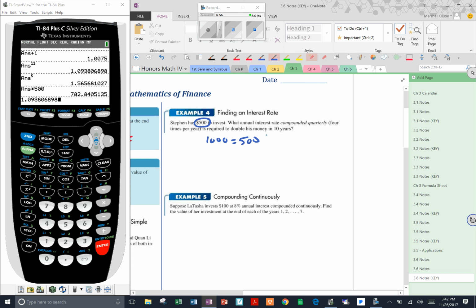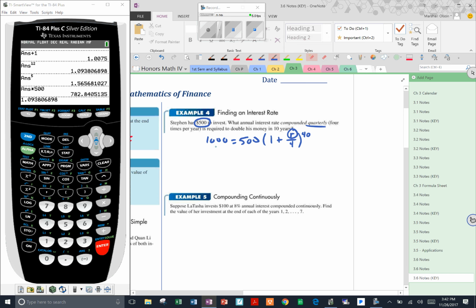So actually, we'll set this up a little more. 1 plus, we don't know what the annual interest rate is. We know it's compounded quarterly, so I can have a 4 here, a 4 here, and we're going to have 10 years, so 4 times 10, I'll just put a 40 right there. Now this time we don't need logarithms because what we're solving for is right there.